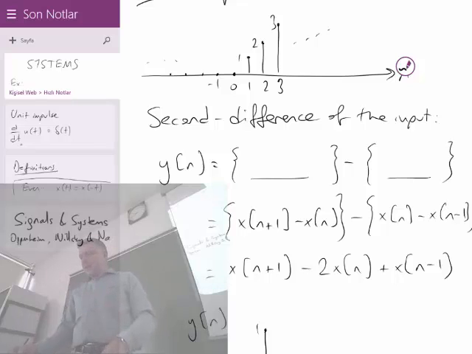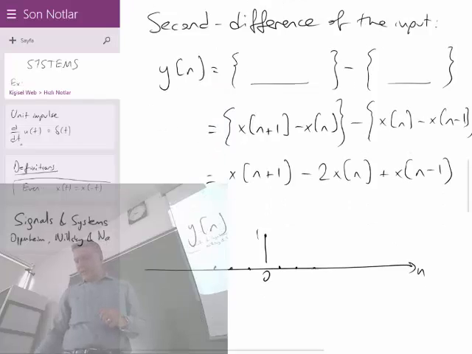But after that, it will be 2 minus 2 times 1 plus 0, which is 0. And then it will be 3 minus 2 times 2, which is 3 minus 4, minus 1, plus this one, again 0. It will all continue to be 0 if you go to the right-hand side in the top figure with this equation for all n's. It will give you zeros. It will only give you a non-zero value, 1, at n equal to 0.